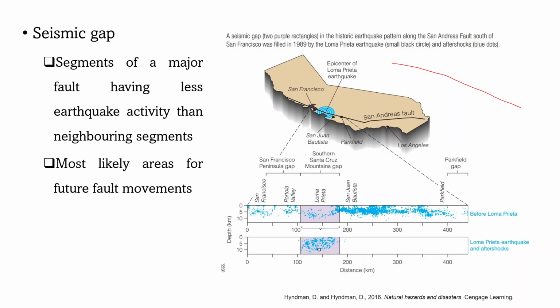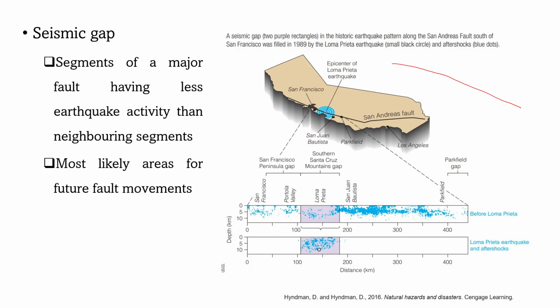There will be segments of a major fault where earthquake activity was less when compared to the earthquakes prior to it or after it. So there is a gap in between. These are most likely areas for future fault movements. So in future, an earthquake can happen in such seismic gaps.